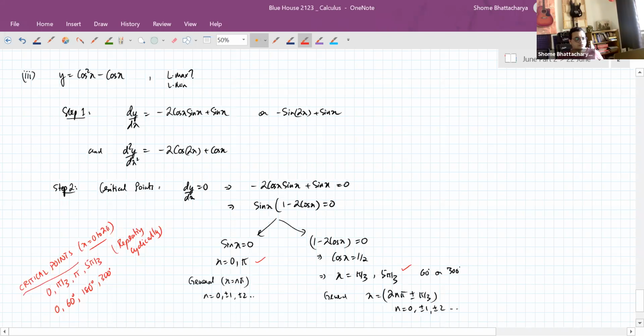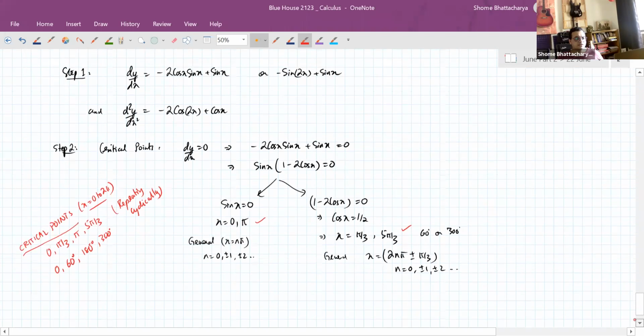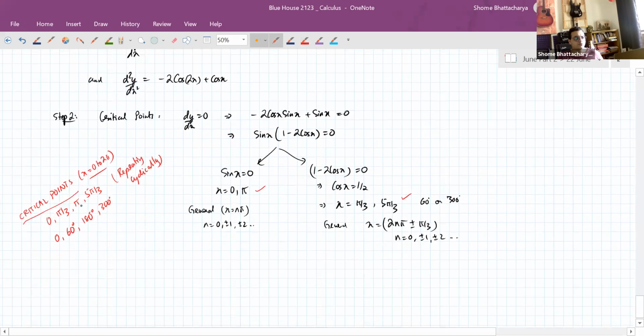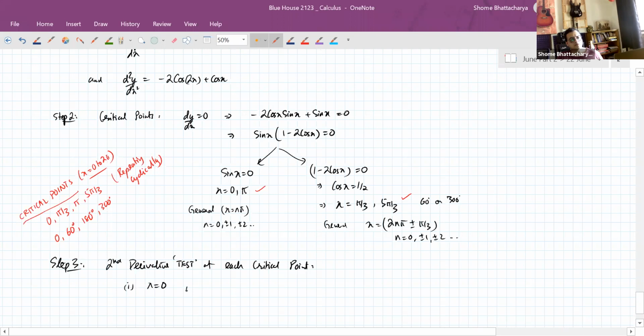Okay, so now let's come to the second derivative test for each of these 4 points at each critical point. First let's check x equal to 0.